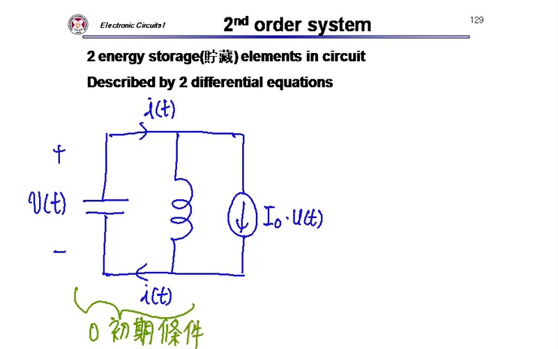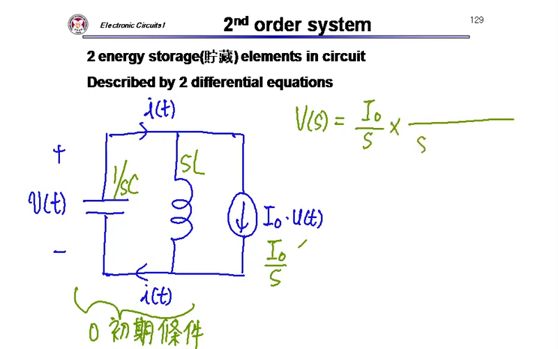Okay, then I just replace these by impedances, 1 over SC and SL. Then this is just I0 over S, because of U(t). What's my voltage? My voltage Vs is just what? This current times the impedance. What's the impedance here?